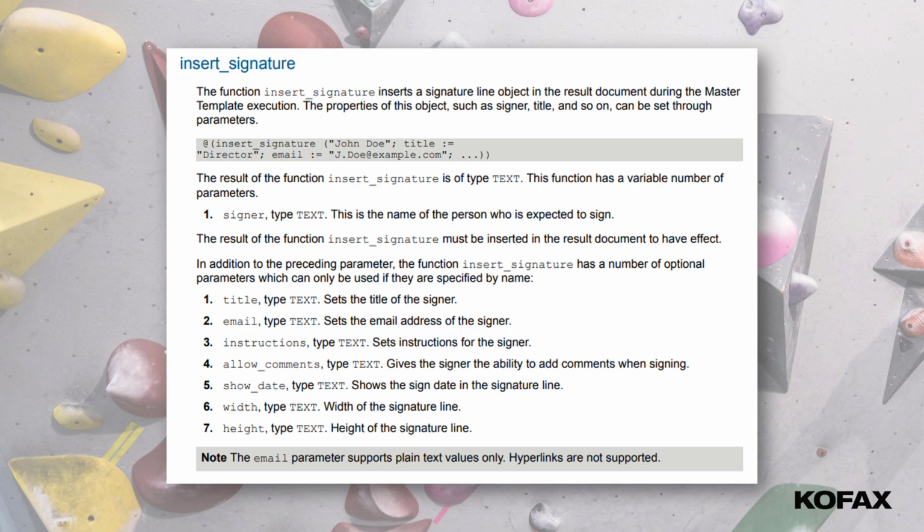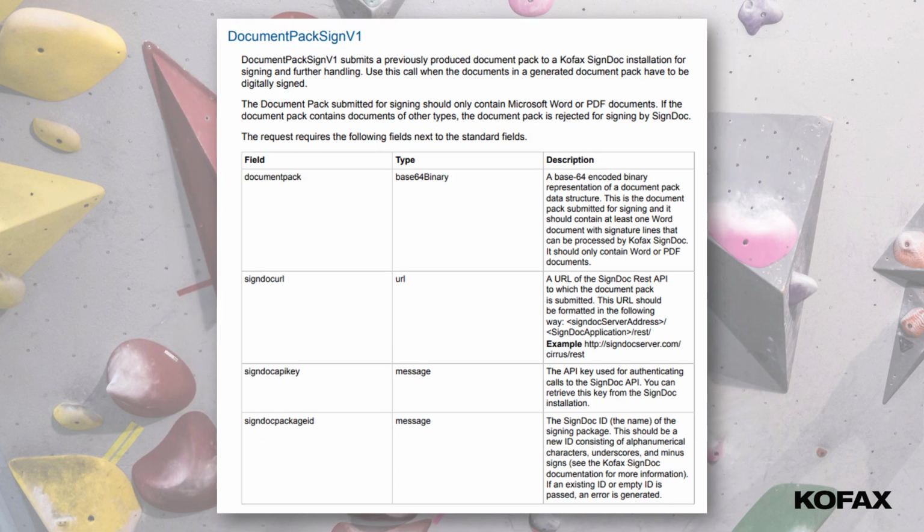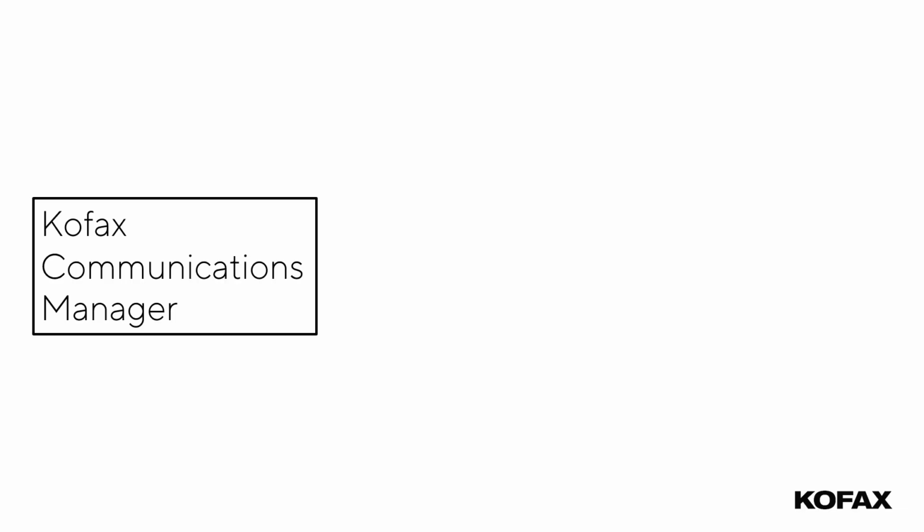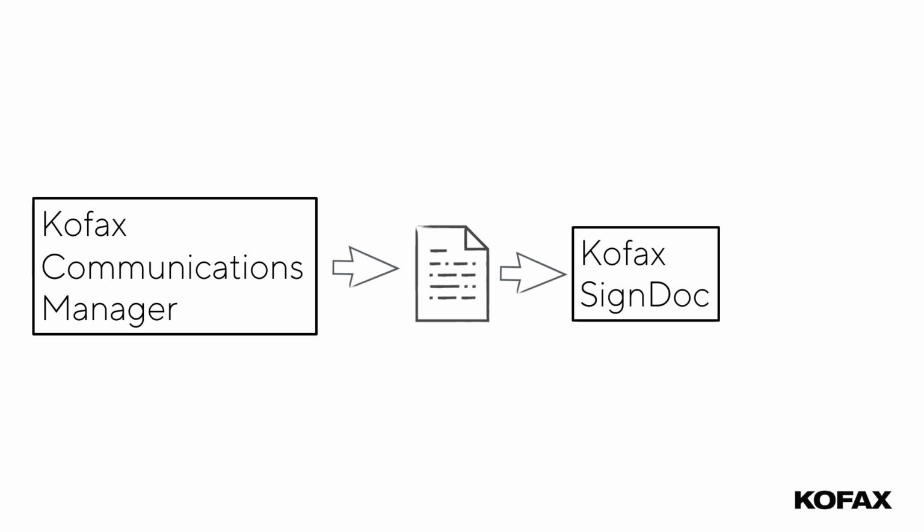And once you've generated documents, and maybe even a full document pack containing one or more documents with these signature fields in there, you can leverage the standard method document pack sign on the Kofax Communications Manager's contract manager. So the process would then look something like this. KCM generates a document. That document is then submitted to SignDoc.